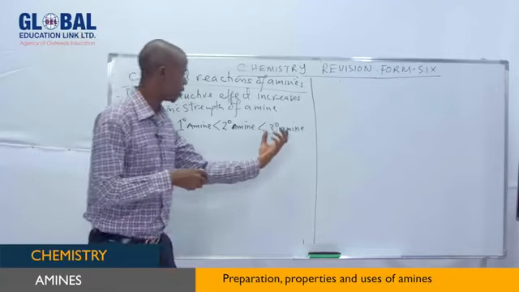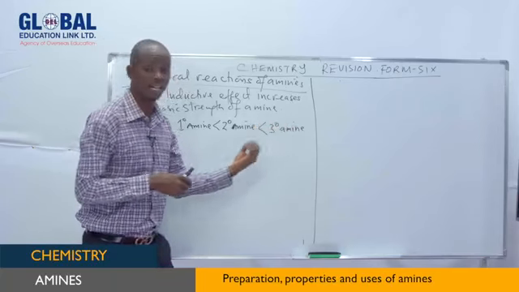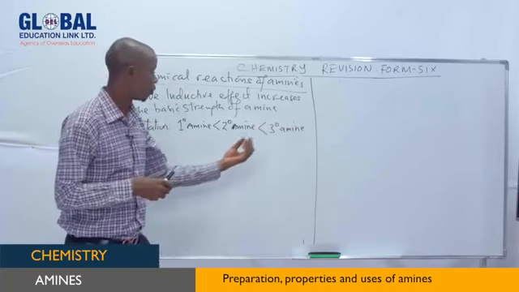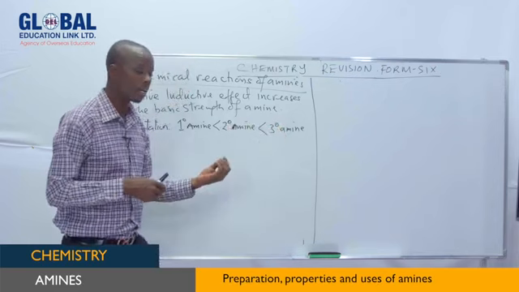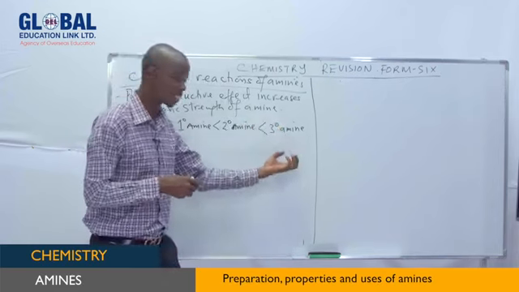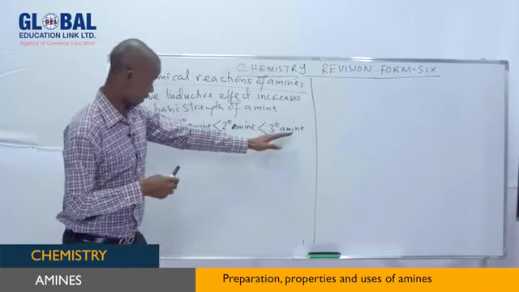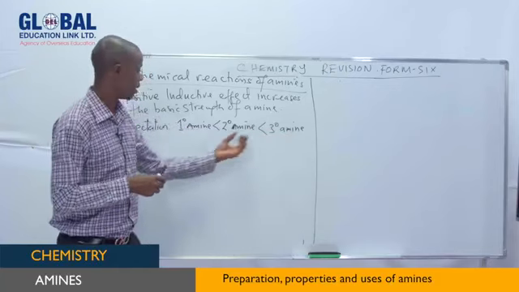Why? Because tertiary amines here have 3 alkyl groups. So the tertiary amine experiences the strongest positive inductive effect from 3 different alkyl groups. So we are expecting this one to be the strongest base.